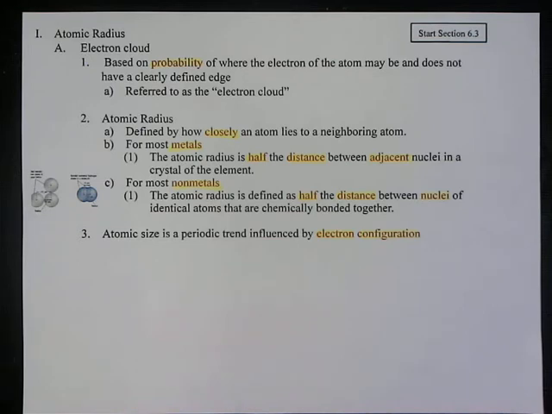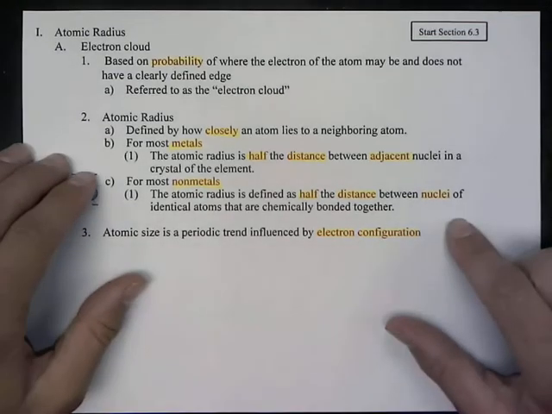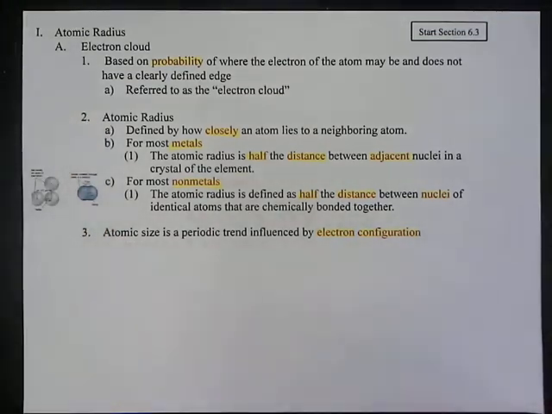And for a nonmetal, it's half the distance between two nuclei of identical atoms. So all this is saying is that radius is another way of saying size of a standard atom of an element.